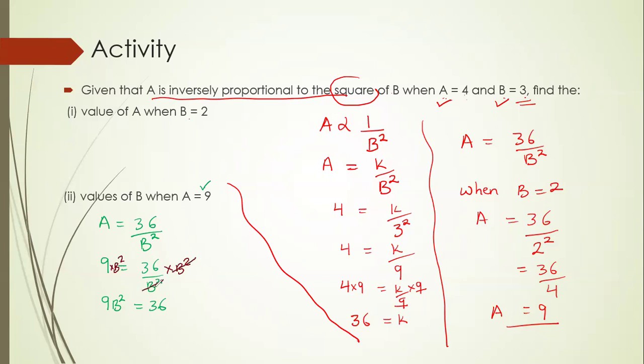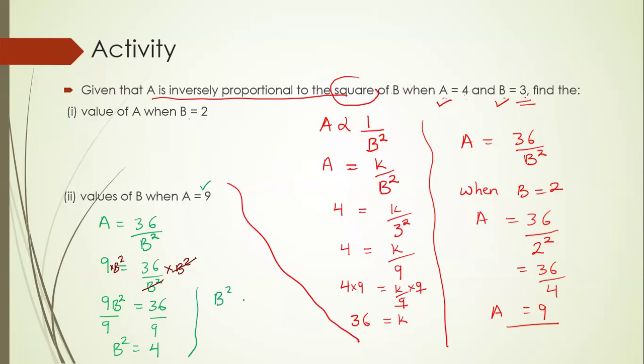So here and here it will cancel. After obtaining that, we need to remove the 9, so I'll divide by 9, divide by 9. My B squared will equal 36 over 9, and 36 over 9 is 4. Now, since you want the value of B and you have B squared, we said you get a square root.